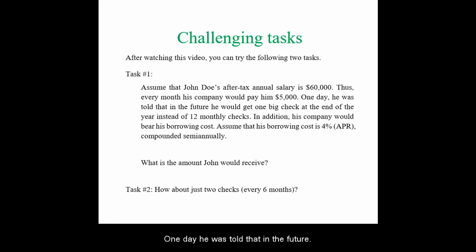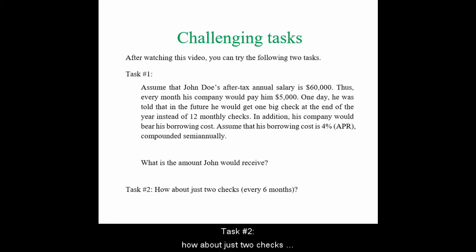One day, he was told that in the future, he would receive just one big check at the end of the year, instead of 12 monthly checks. In addition, his company would bear his borrowing cost. Assume his borrowing cost is 4% per year, APR, compounded semi-annually. What is the amount John would receive at the end of the year?